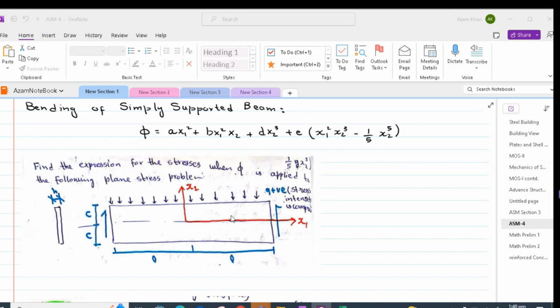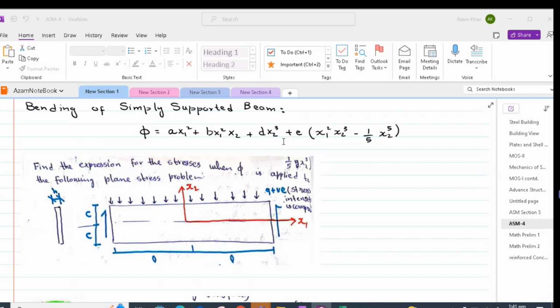Thus, the moment conditions will also give us additional equations, which will help us to work out the unknown constants. We can also take a stress function whose unknown constants are less than 8. In that case, again, we have to make sure that all the boundary conditions are satisfied.